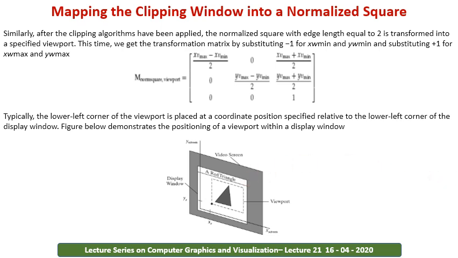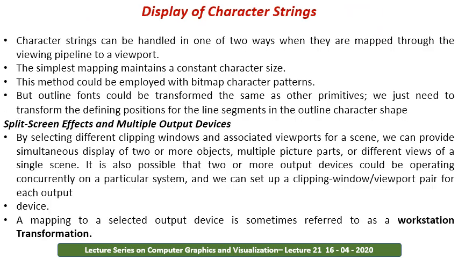So this is how it converts the clipping window into a normalized square. To display characters, the same thing can be handled in one or two ways that are mapped through the viewing pipeline to a viewport.